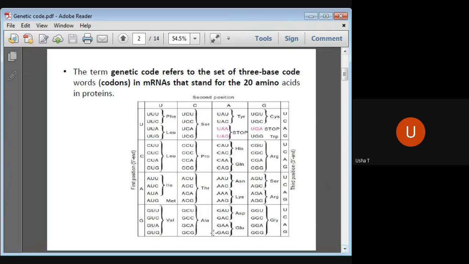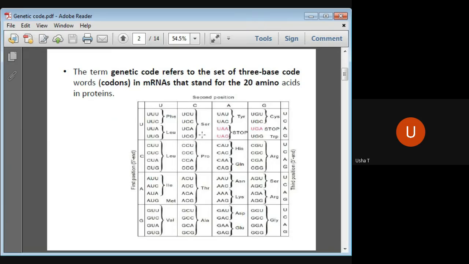Here we can see the table which represents the genetic code. For example, UUU, three different bases, codes for phenylalanine. In the same way, another code, UUA, codes for leucine.